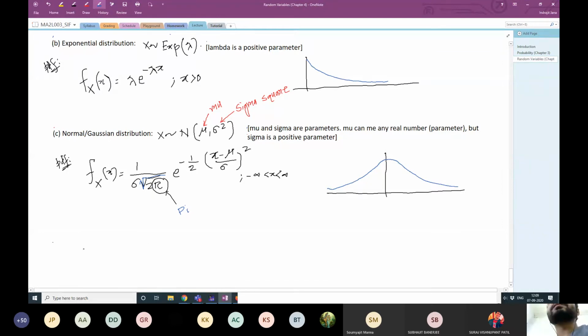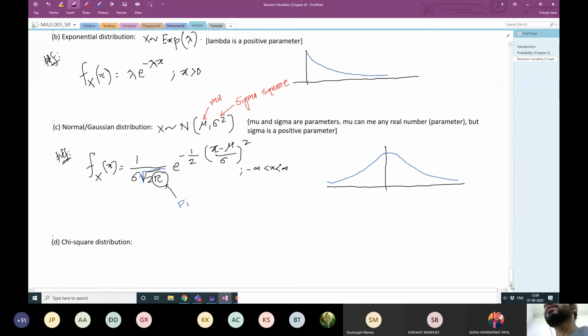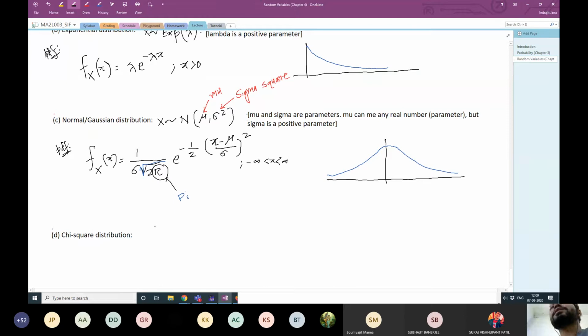All right. The fourth widely used probability density function is the chi-square distribution. I'm not using the notation x because x and chi look similar, so let me write y.